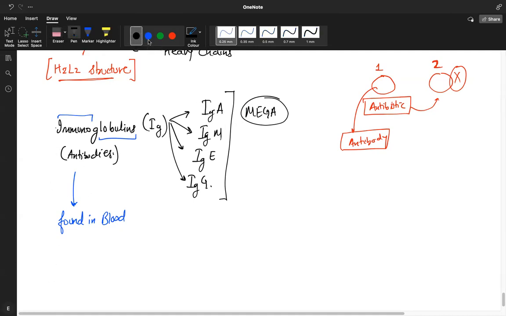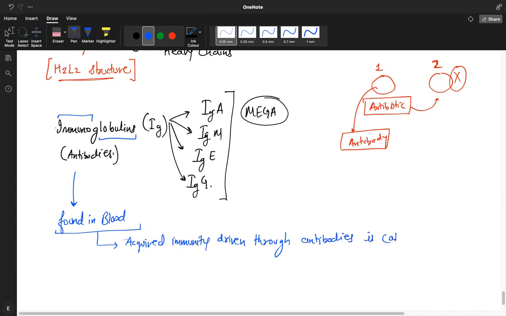So just because immunoglobulins are found in the blood, write down, the type of acquired immunity regulated or driven through antibodies is called humoral immune response or humoral immunity. You can call it anything.